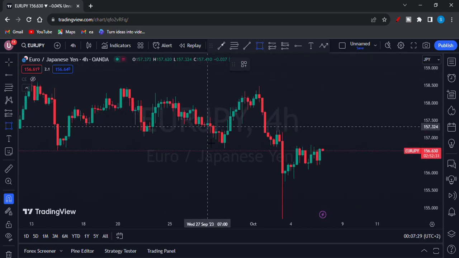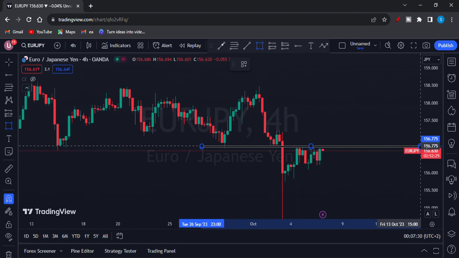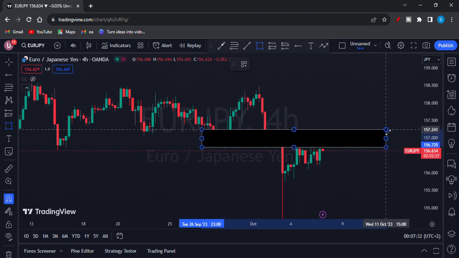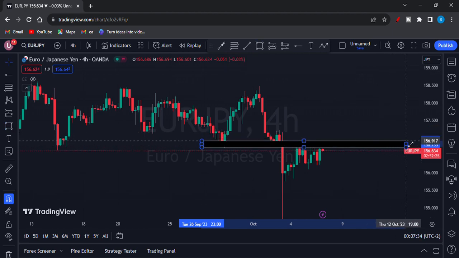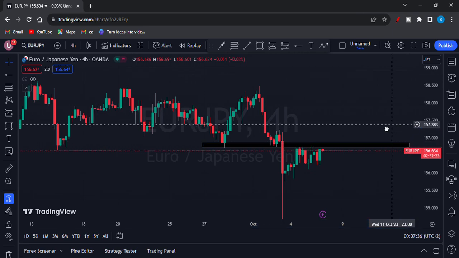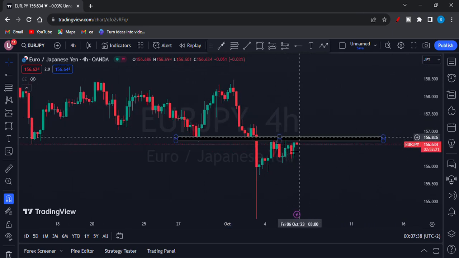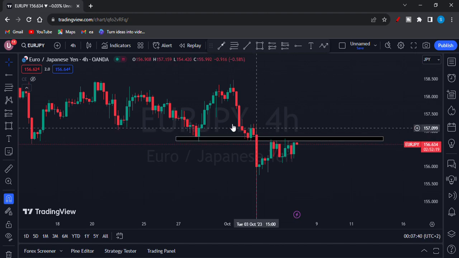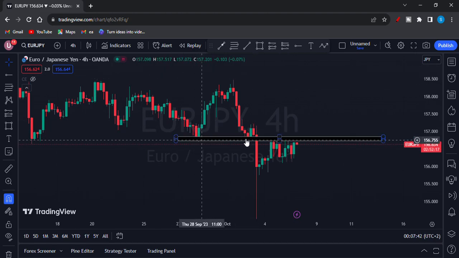So on a 4 hour, we're in this resistance. We're having this resistance area right here, and even a zone right here, and even here. Okay, so let's go to hourly.